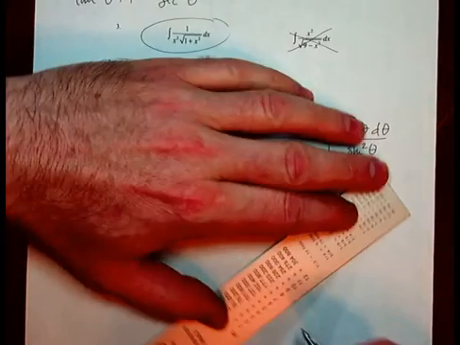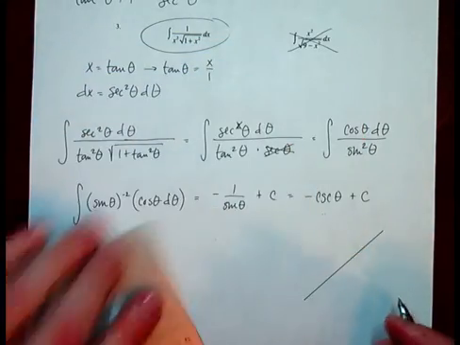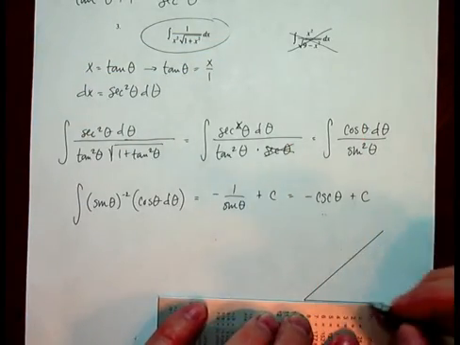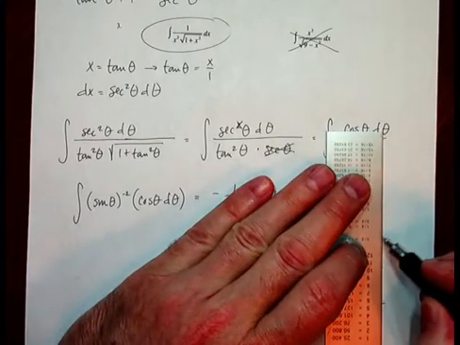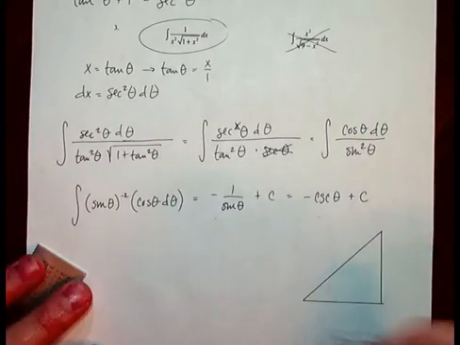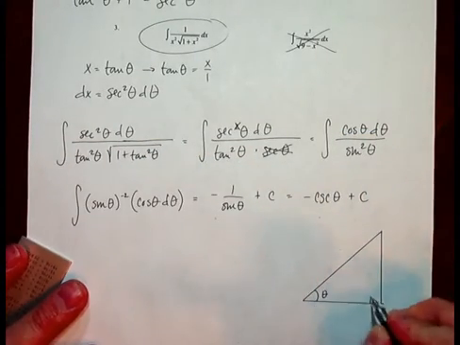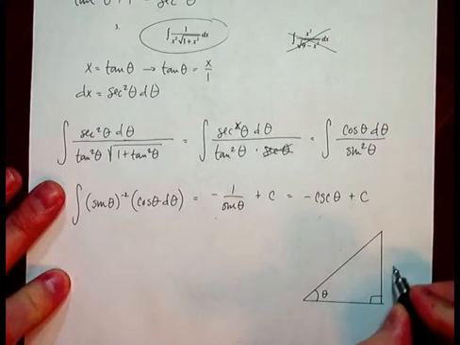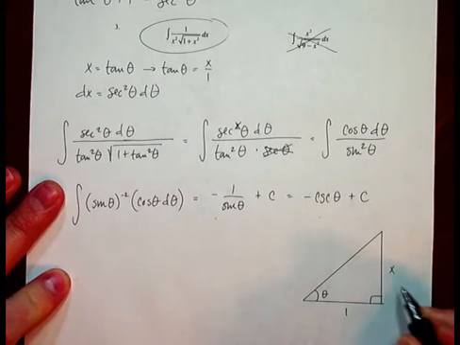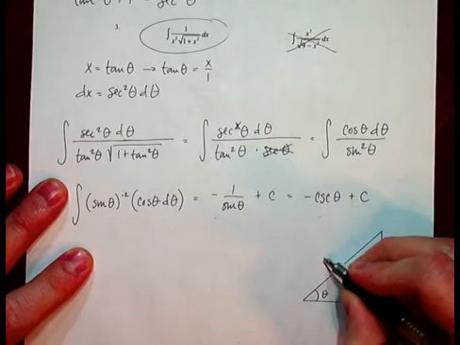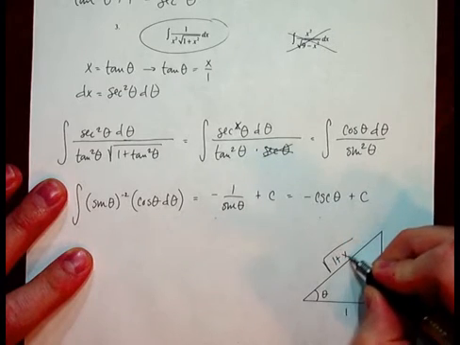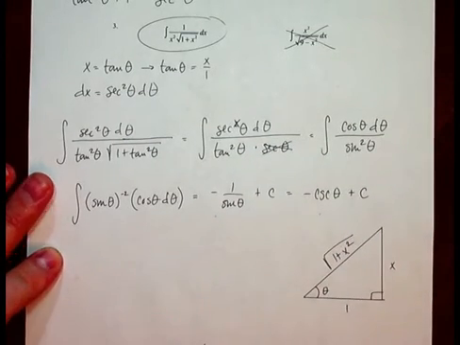Okay, so let's go ahead and set up that triangle. Now originally it was x over 1 tangent, right? Which makes this right here the square root of 1 plus x squared, which shouldn't surprise any of us.